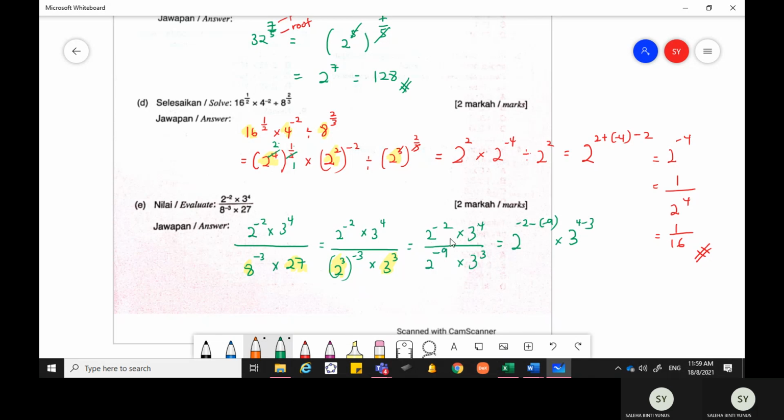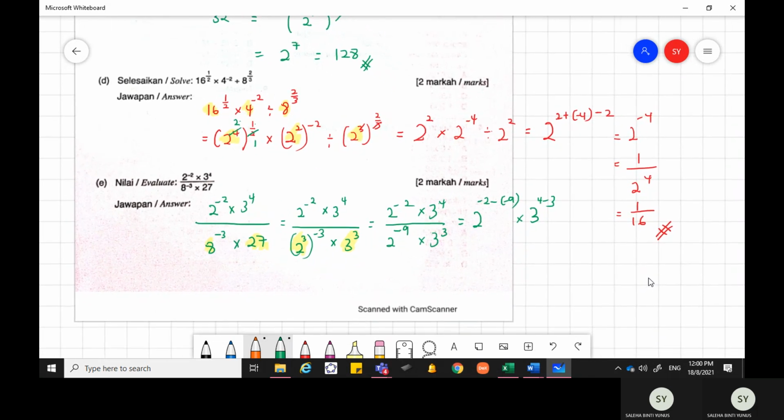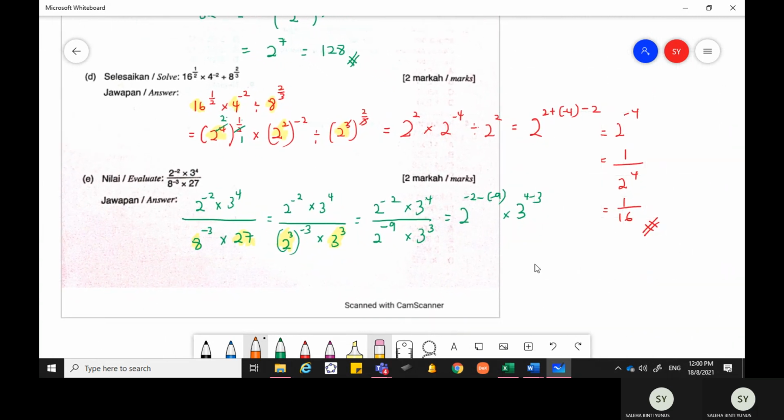Bila bahagi, power dia kita tolak lah. So, negative 2 minus negative 9. So, ni kena careful sebab we have negative. Put in bracket. And then multiply 3 to the power 4 minus 3. Okay. So, tak boleh nak combine 2 dengan 3. Kita boleh combine 2 dengan 2, 3 dengan 3 separately.